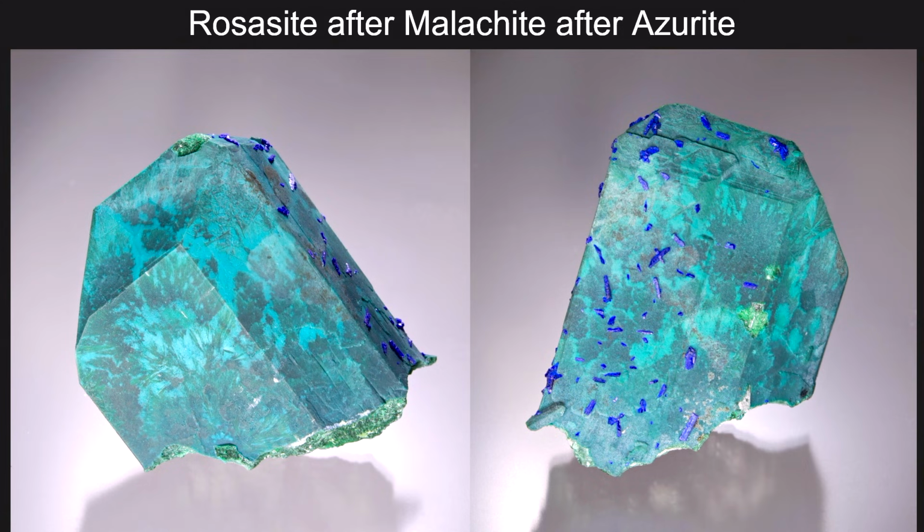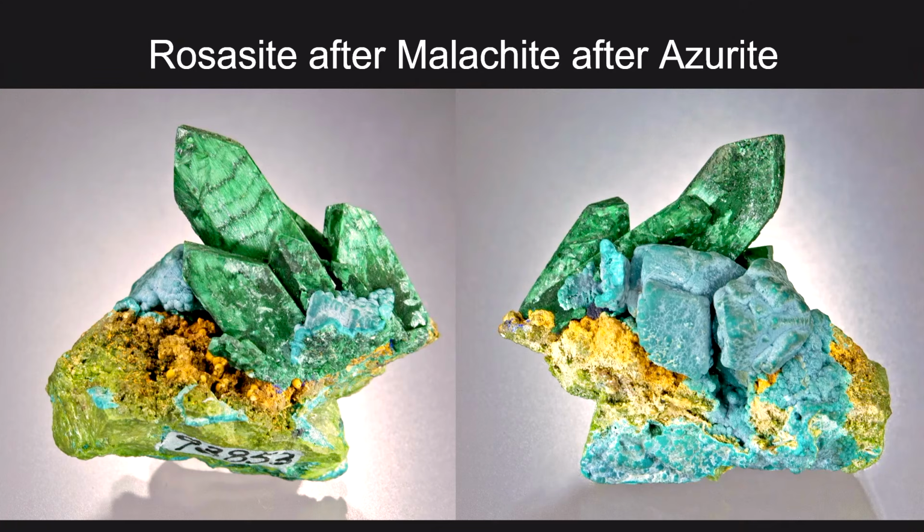Here's another very interesting rosasite. In this one, it has a very marbled appearance, and it also has a sprinkling of a second generation of azurite crystals on the surface. In this one, it's fascinating because part of it has been transformed to rosasite, but the other part of the specimen remains malachite.